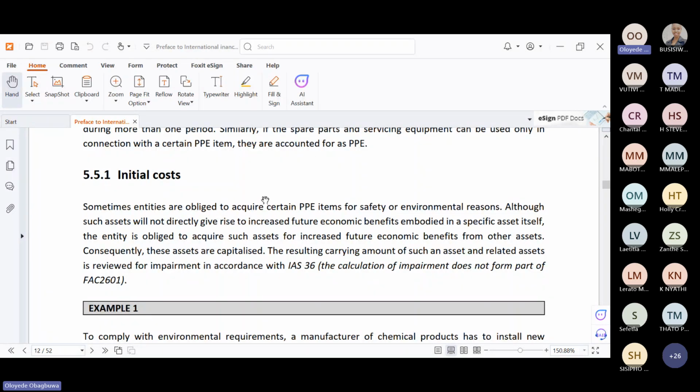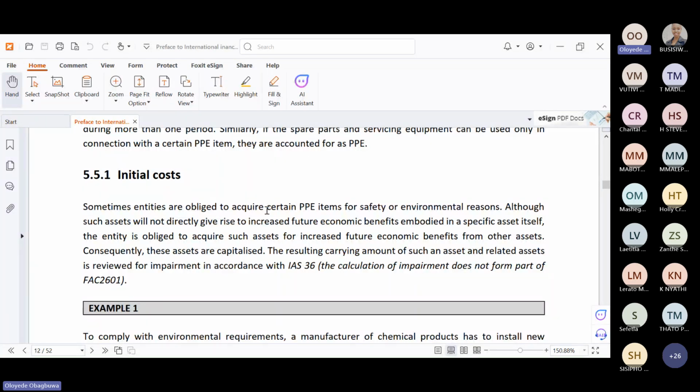Consequently, these assets are capitalized. The resulting carrying amount of such an asset and related asset is reviewed for impairment in accordance with IAS 36. The calculation of impairment does not form part of this module, okay?